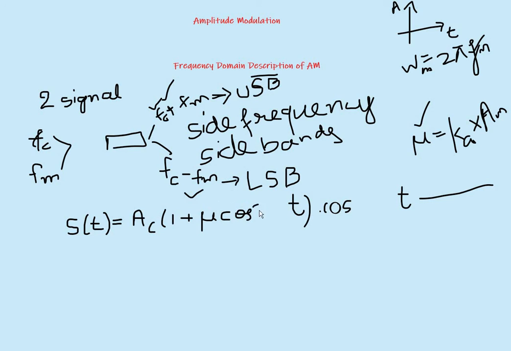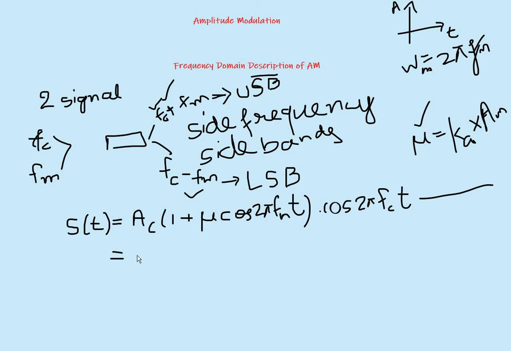Here it will be 2 pi fm and here it will be 2 pi fc. Now open this bracket and multiply.